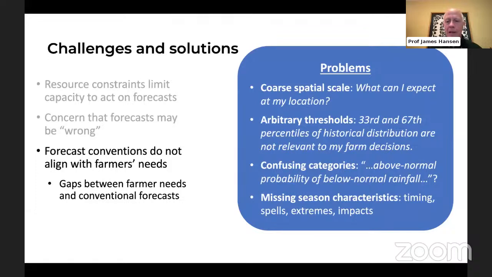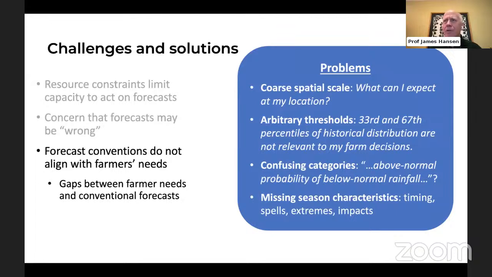So that can be misunderstood, but it's also really complicated for any decision maker to process a shift in probabilities compared to a shift from normal. So, for example, what does it mean if there's predicted to be above normal probability of experiencing below normal rainfall?